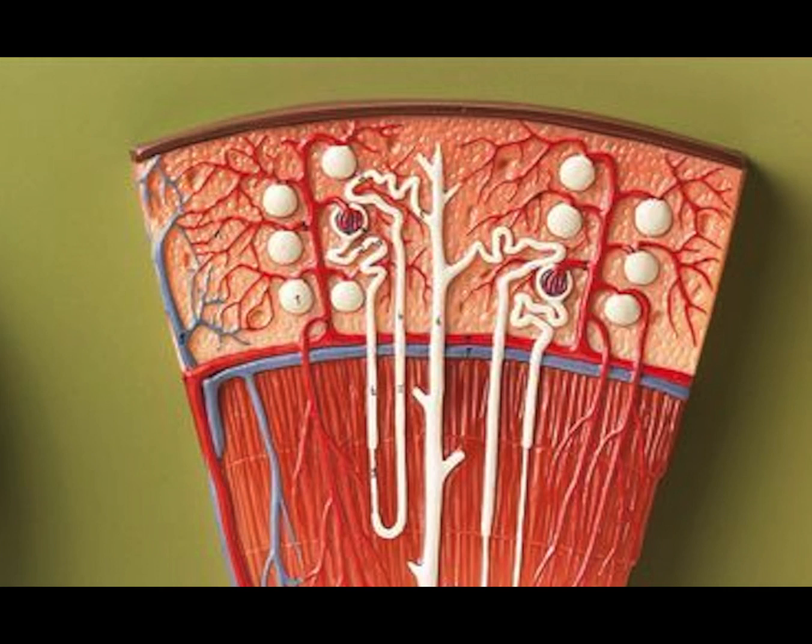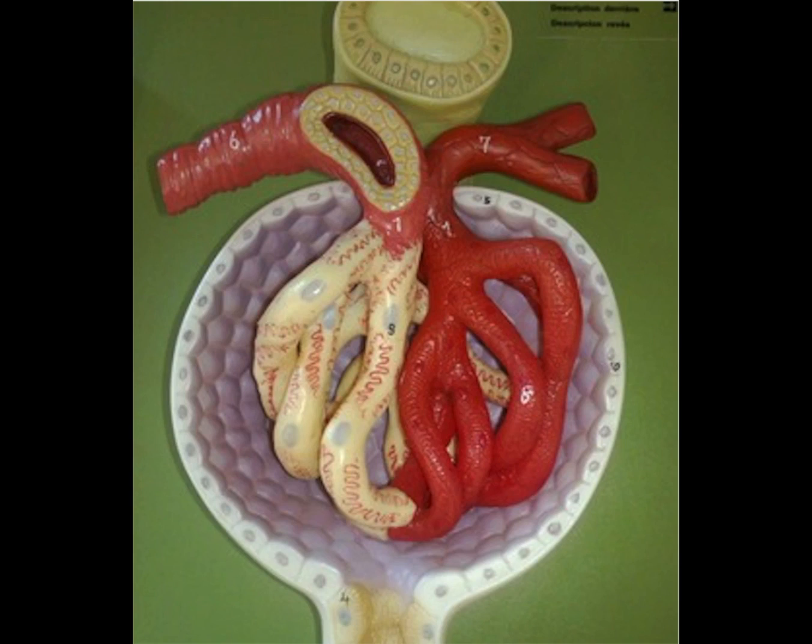So let's look at a close-up of the glomerular model. Okay, so here is the glomerular capsule here. So if it was pointing to the inside here, like this lining here, that would be the parietal layer of the glomerular capsule.